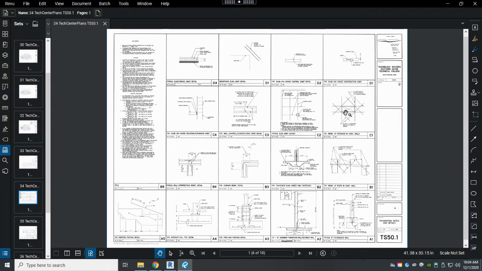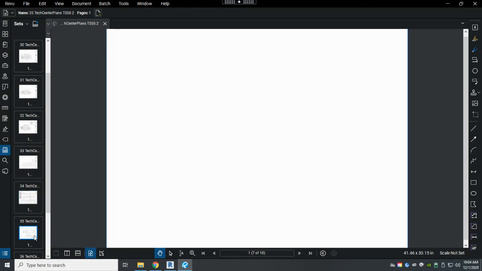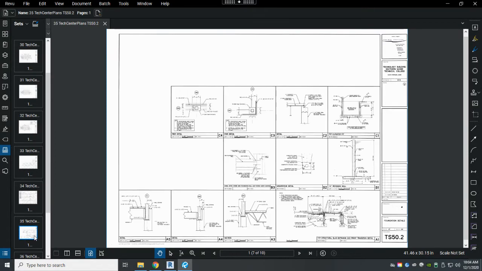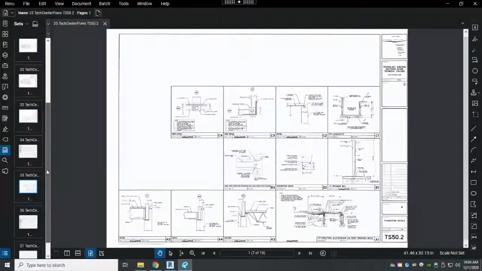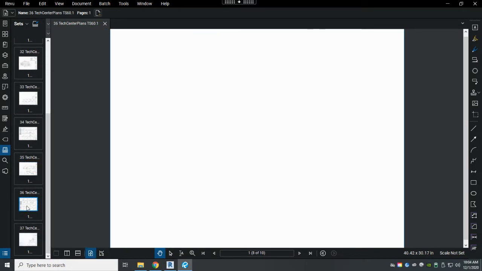Some more connection details and bracing details, and then we've got some typical details for pier bases or footing, or pads as they are called. And then we've got a typical foundation wall detail. So we're going to be taking a look at those. More details. There's a lot of structural details.